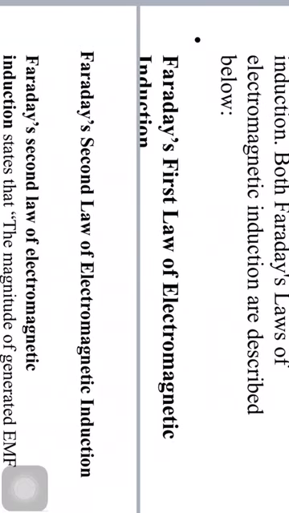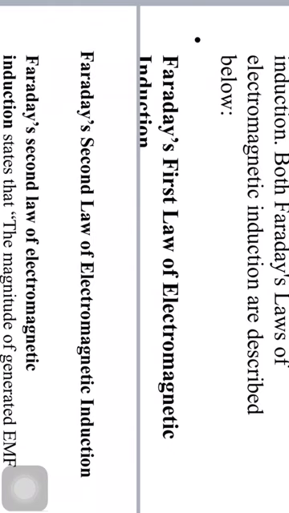According to Faraday's laws of electromagnetic induction, whenever a conductor cuts a magnetic flux, an EMF is induced in that conductor. The magnitude of induced EMF can be found by Faraday's second law. That is, the magnitude of generated EMF in a conductor is equal to the rate of change of flux linkages.